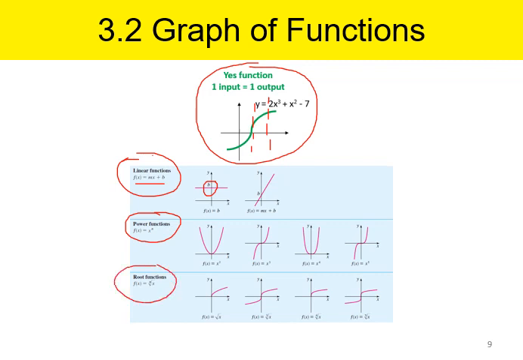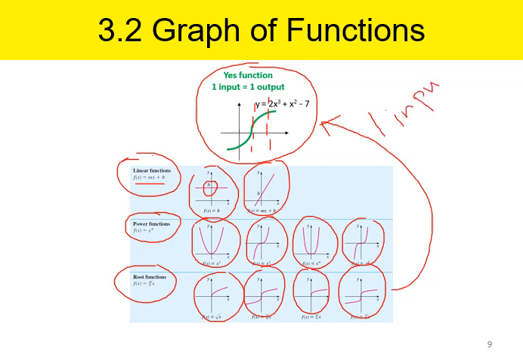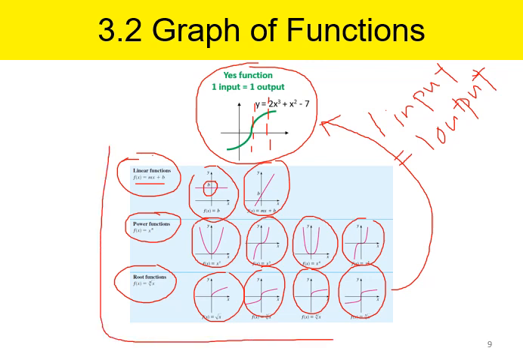When we look at each of the graphs, we notice that it shares the same property as the above. What is it? One input producing one output. So these kinds of equations are called functions.